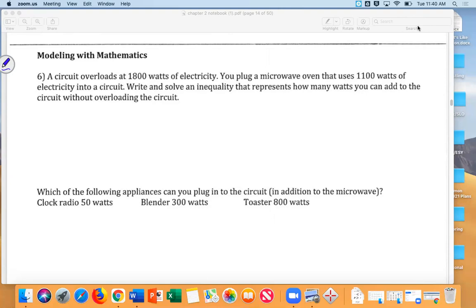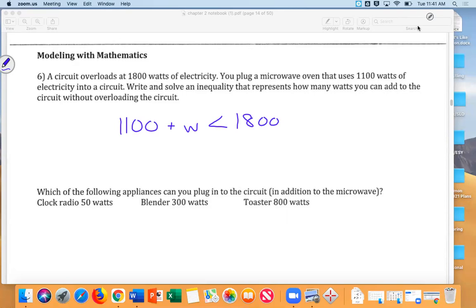Ava, how much is your microwave oven? How many watts does it draw? 1100, plus some remaining watts. We're going to call it W for watts. Is that okay with you? Now, at what number does my circuit shut off? 1800. And it's a hard 1800, meaning once you hit that, it's done.